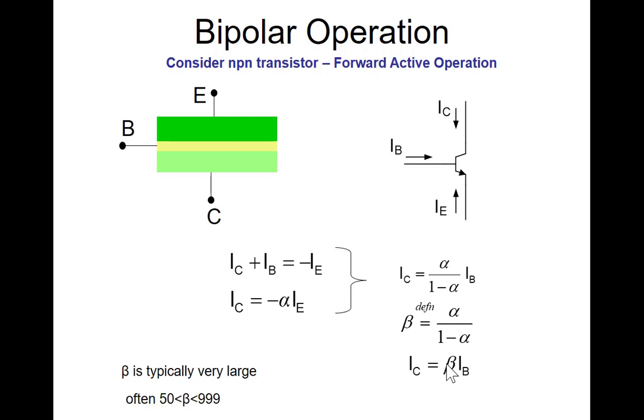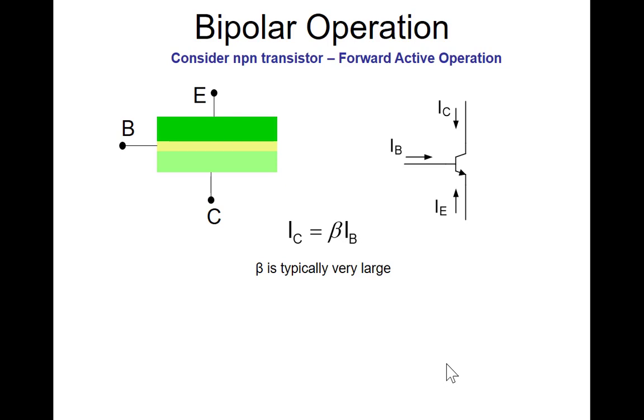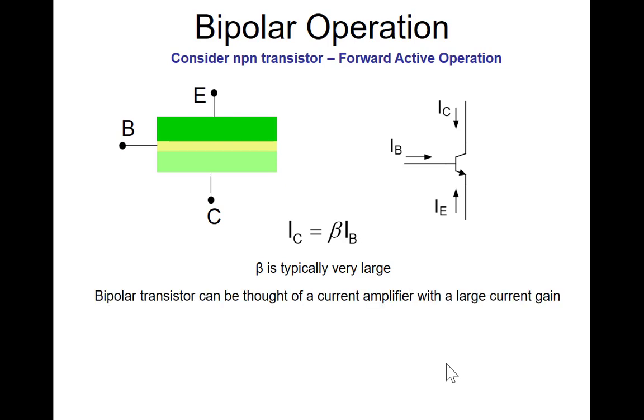Beta is typically, if you go ahead and put in typical values of alpha that we talked about before, between 50 and 1,000. So beta is very large for a good transistor.